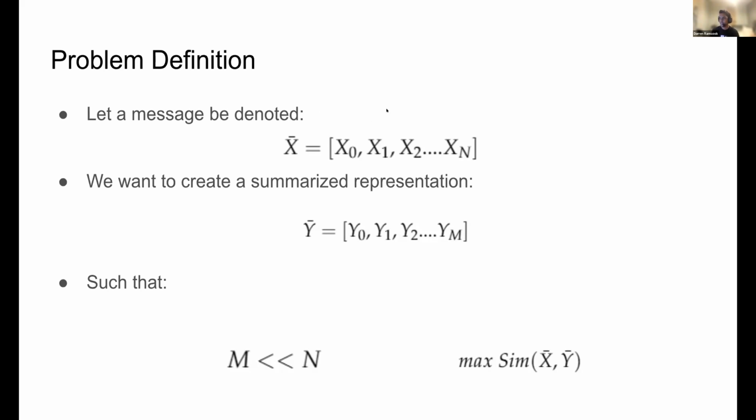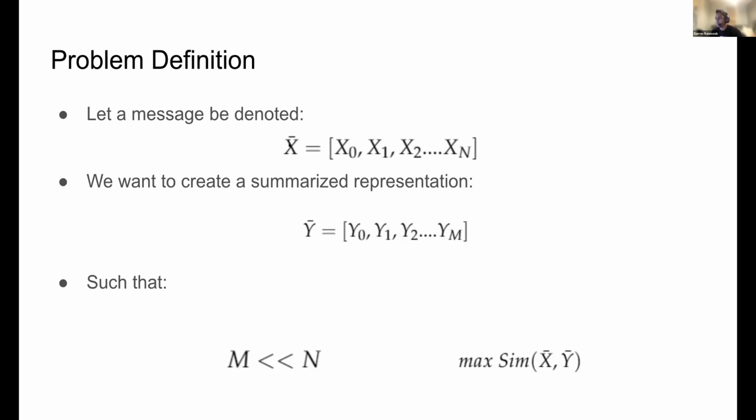So to represent that more mathematically, we could do something like this. We could let a message be denoted by X bar, and this message is of length n, where n is the number of words in that message. Each incrementation of the numbers represents a different word.